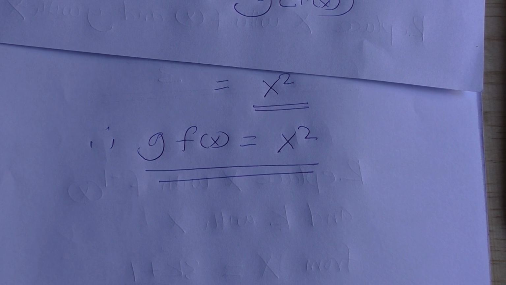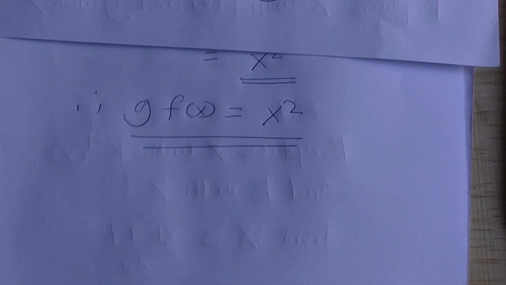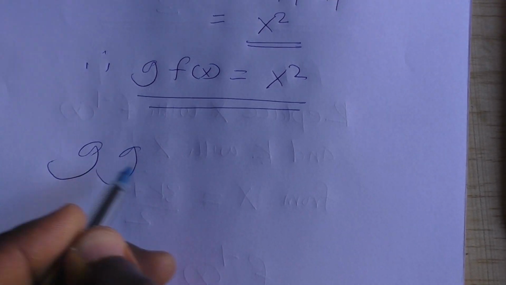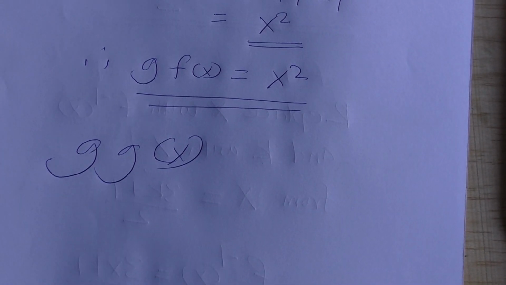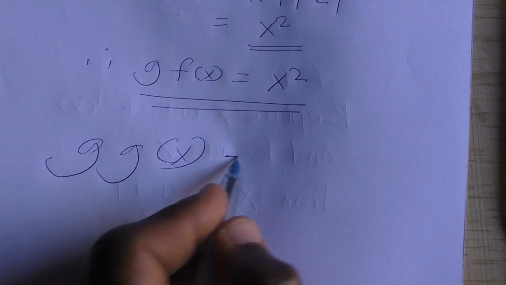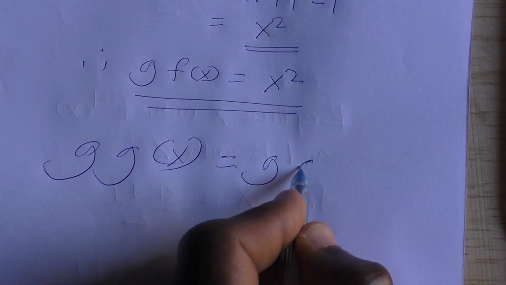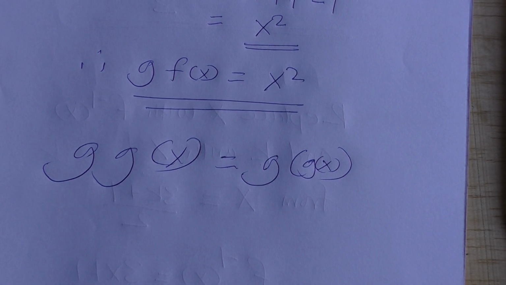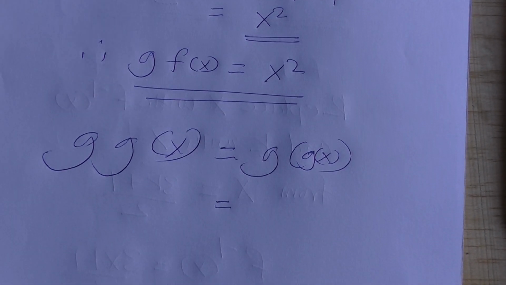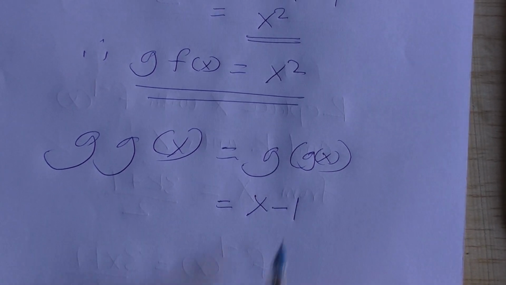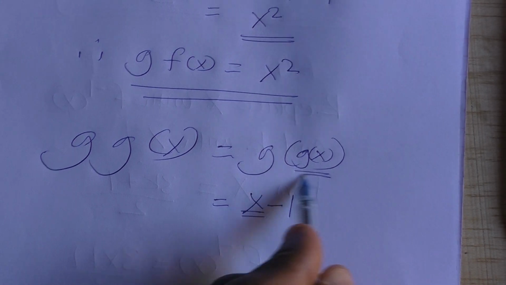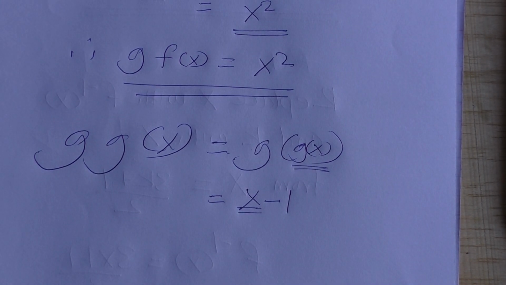Sometimes they complicate issues. They can ask for g of g of x. This is the same as g of g of x, and we know that g is x minus 1, meaning where there is x is where we shall replace with the g of x.